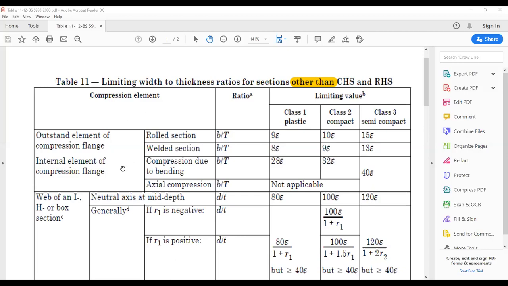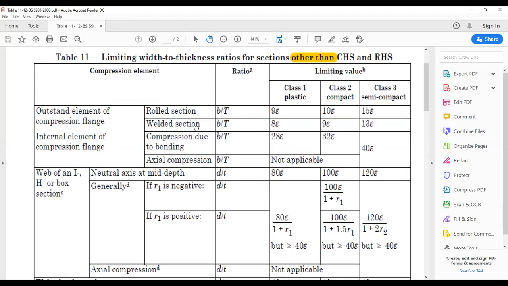Okay, and again, we have the rolled section and the welded section. We may have compression due to bending, because in other structures we shall have compression forces which will induce bending, like in column sections. Column sections are subjected to compression, right? But the compression forces also induce some bending.